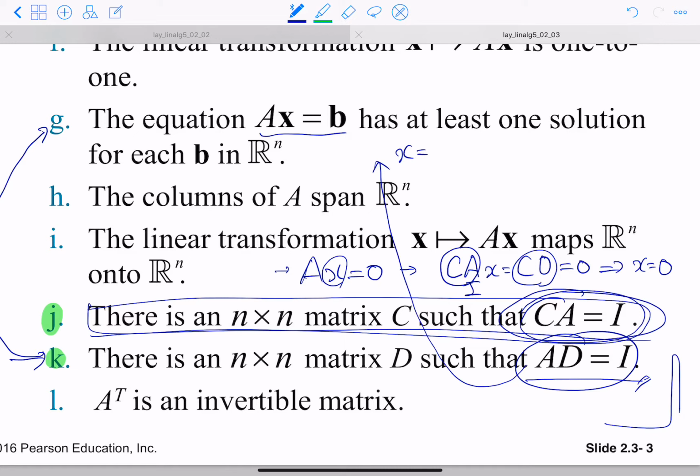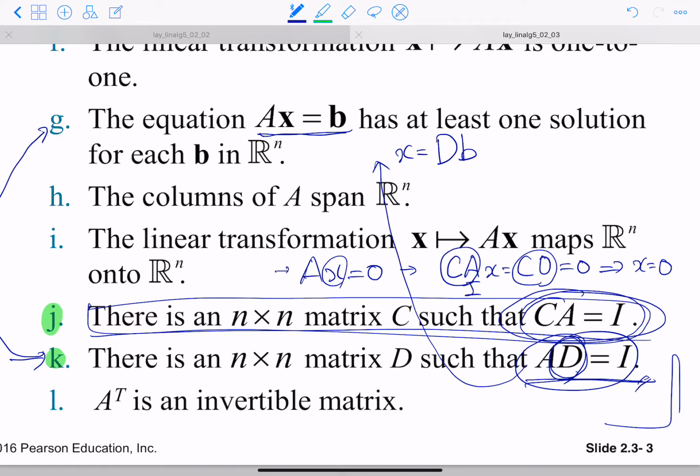Let's consider X as dB, where D is our inverse matrix satisfying this equation, given this linear system AX equals B.